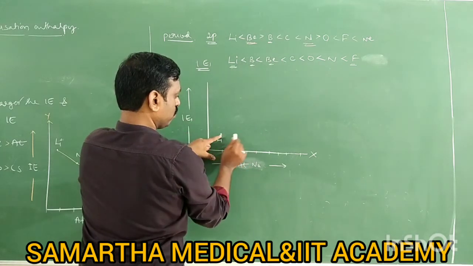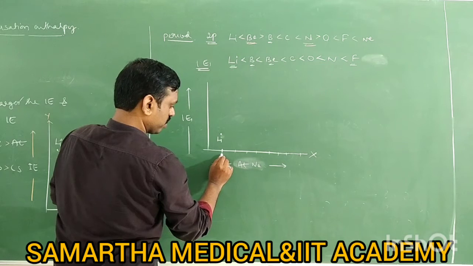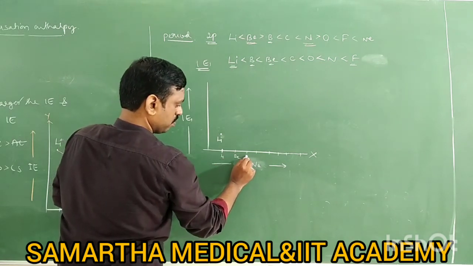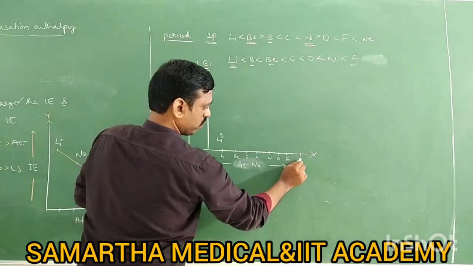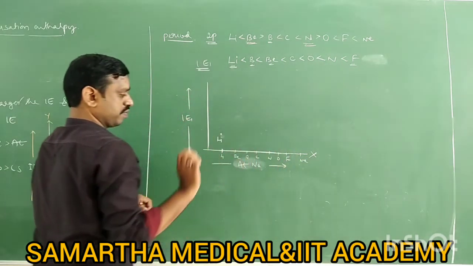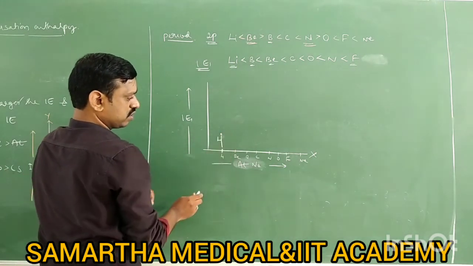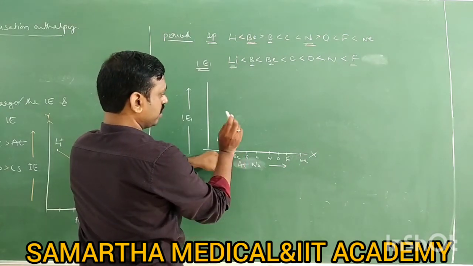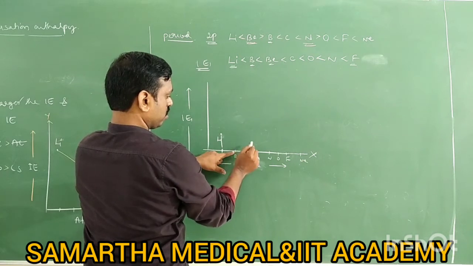The order by atomic number: lithium, beryllium, boron, carbon, nitrogen, oxygen, fluorine, neon. Take it like this, it's better. Lithium is here, right, fine. Next boron, somewhere here.